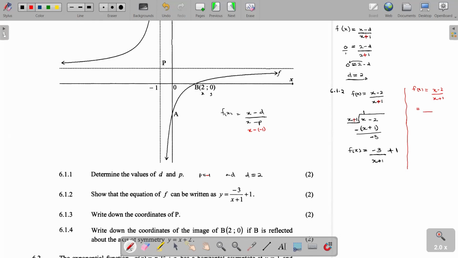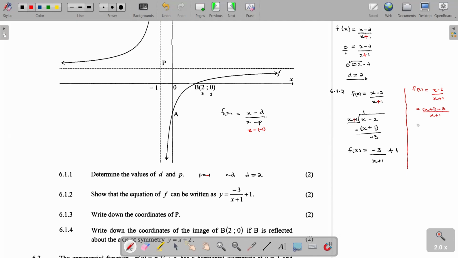Our denominator is not going to change. It's x plus 1. So we have to put a term on the numerator which is similar to this one. It's going to be x plus 1 there. But here we are having -2. To have -2 here, it means we are going to have -3. If we simplify our numerator, it's now x plus 1 minus 3, which gives you x minus 2 there.